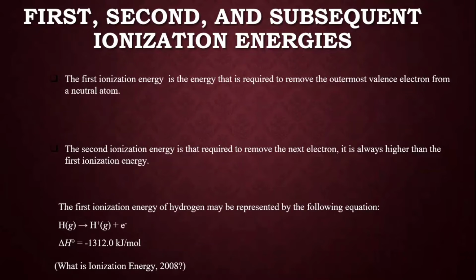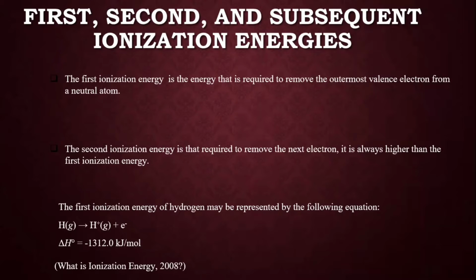The first ionization energy is the energy that is required to remove the outermost valence electron from a neutral atom. The second ionization energy is that required to remove the next electron. It is always higher than the first ionization energy.